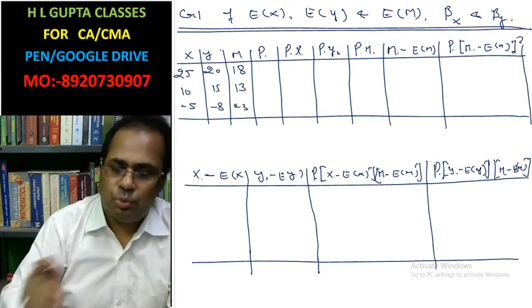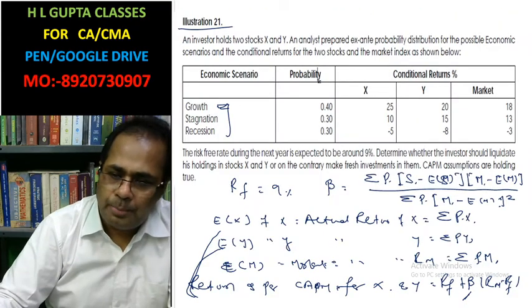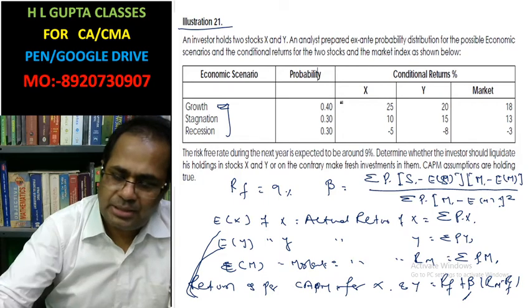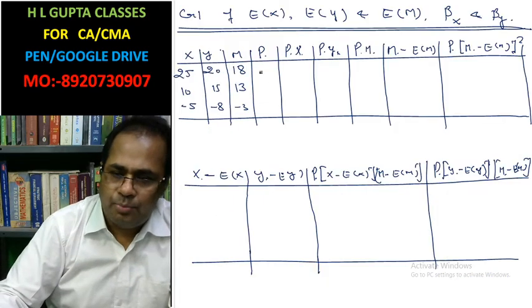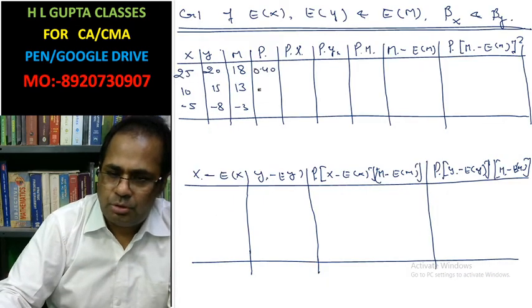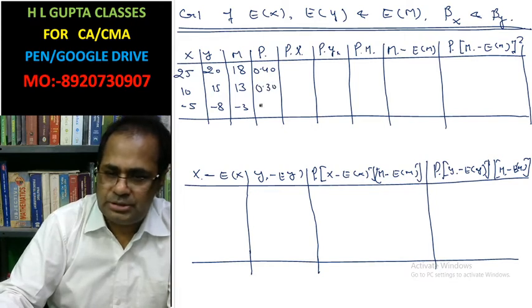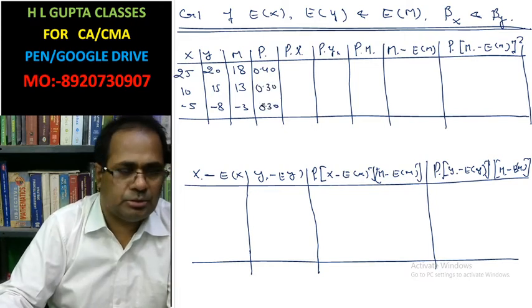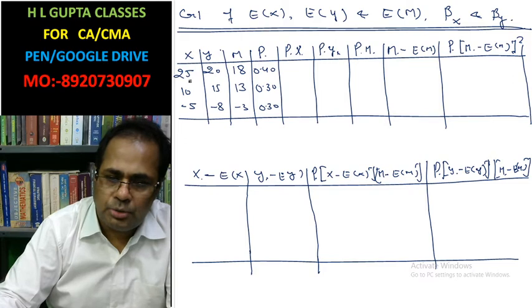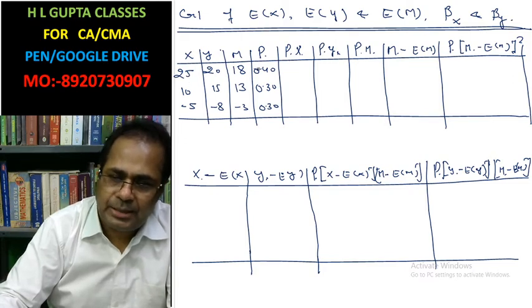These are the returns. What is the probability here? 0.40, 0.30, 0.30.